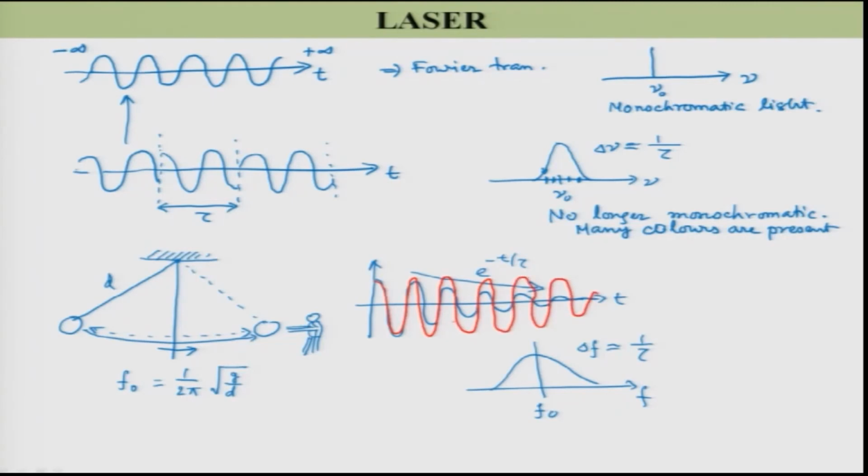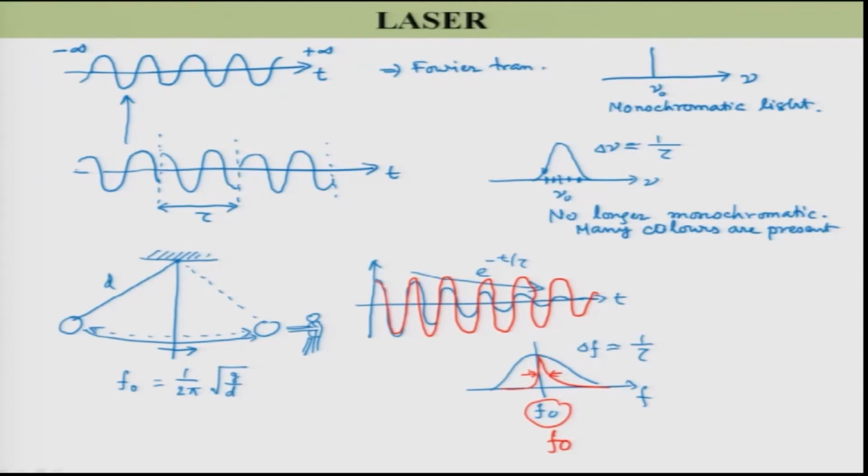If you take the Fourier transform of this oscillation, it will be like this. Here delta f is much smaller, because the decay is much smaller, almost constant amplitude. So, you will get a unique value of f0 in this case. In the other case, the f0 value changes, it consists of different values, it has a delta f width in the frequency.